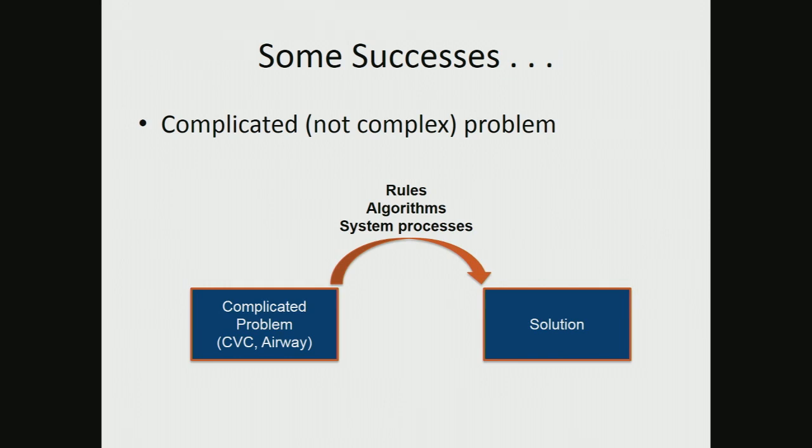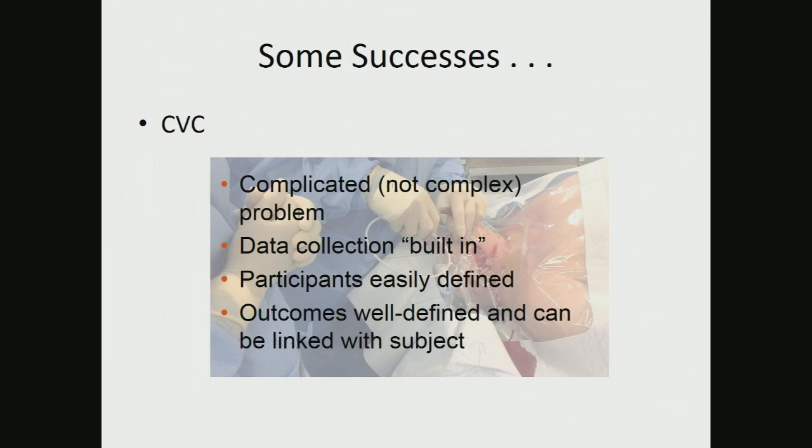If I say to you something about communication, can you write those parts out? The whole is not the sum of the parts. That's the difference between something that's complex versus something that's complicated. Complicated problems can be addressed with new protocols and algorithms. Complex problems cannot. That was one of the reasons I think the CVC project was so successful.